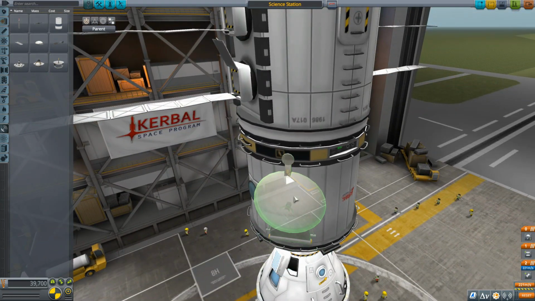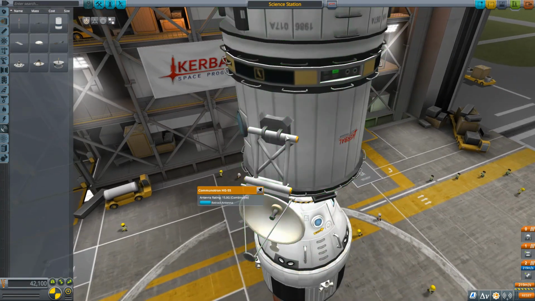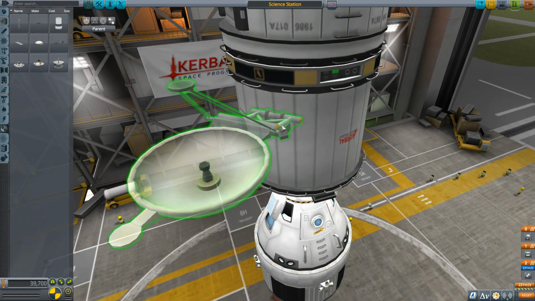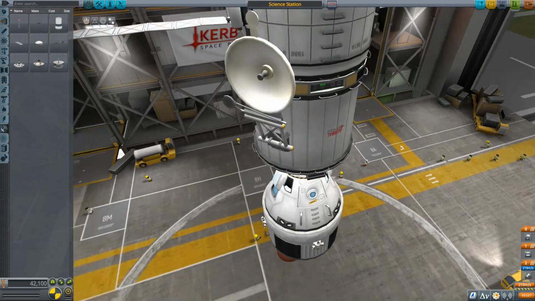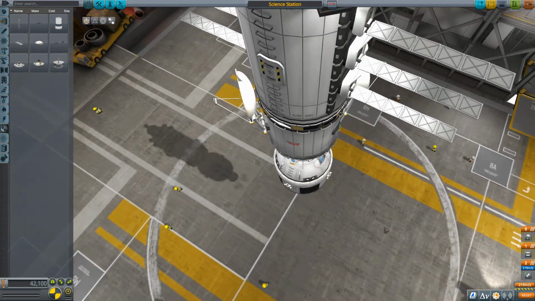So we're going to stick 2 of these onto the side here. What are these? Oh, they extend that way. Don't want to interfere with our... There, put them this way. There we go. So 2 of those should service this nicely.